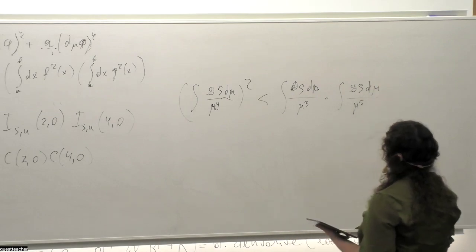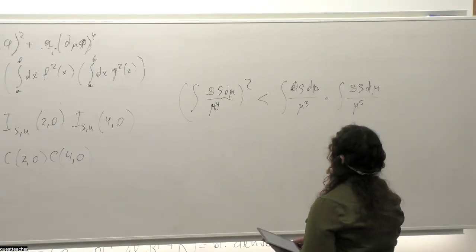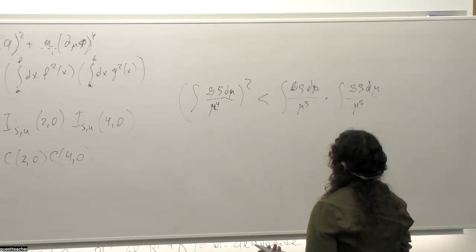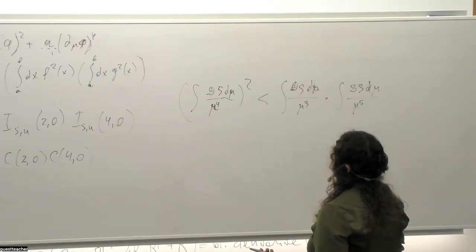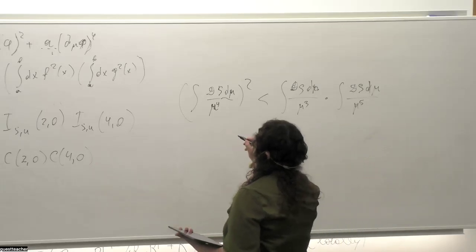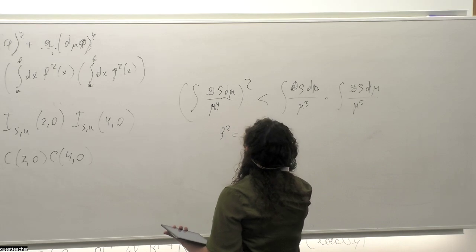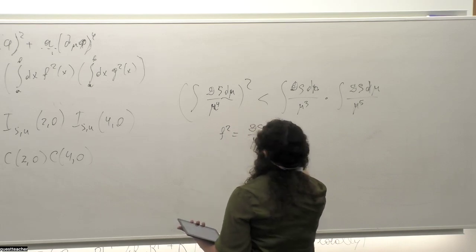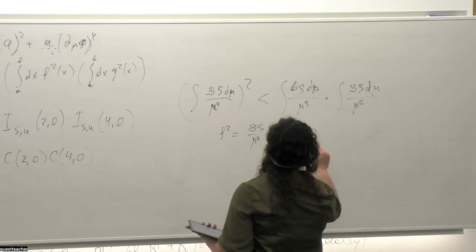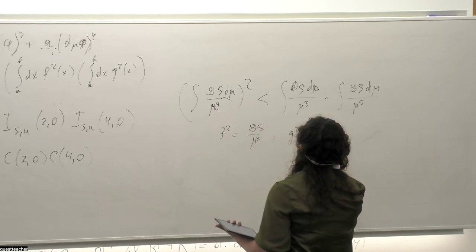This is an implication of the Cauchy-Schwarz-Bunyakovsky inequality. We need just to identify that f squared is ds over mu cubed and g squared is ds over mu to the 5.